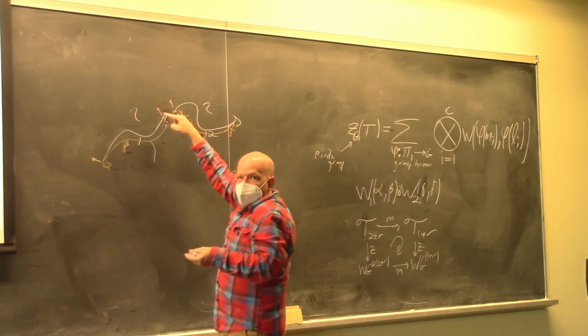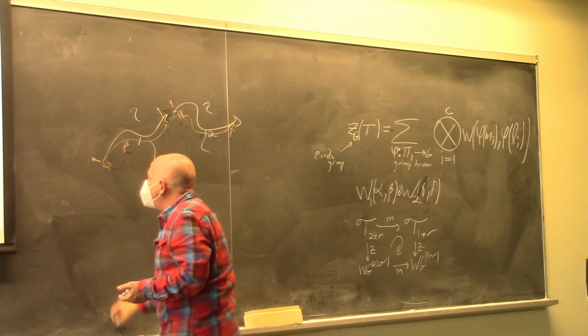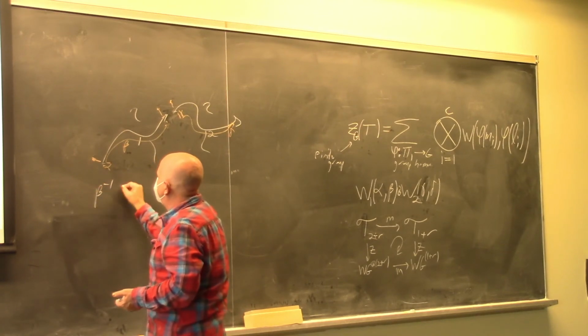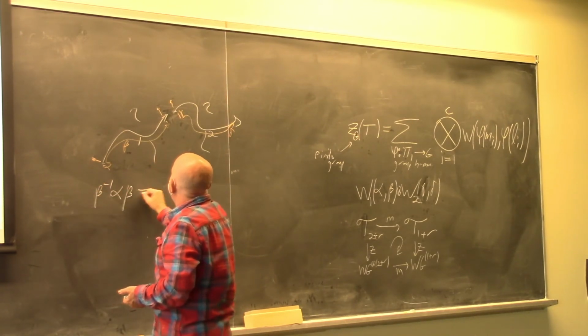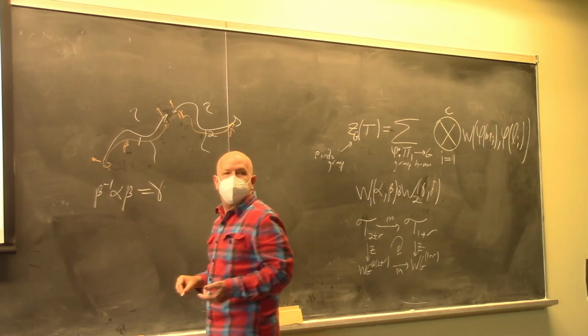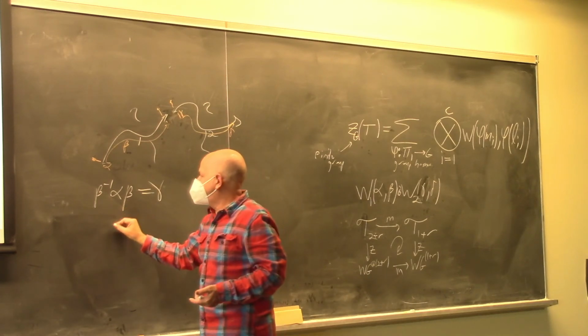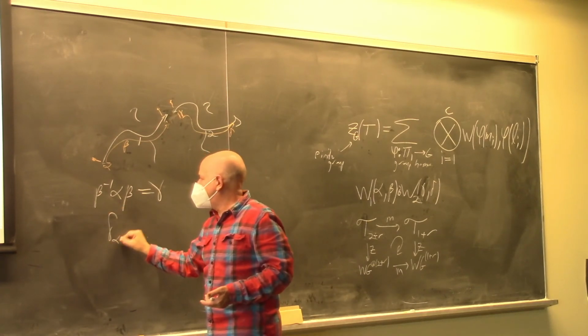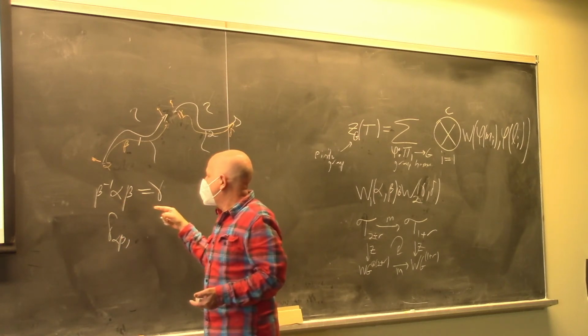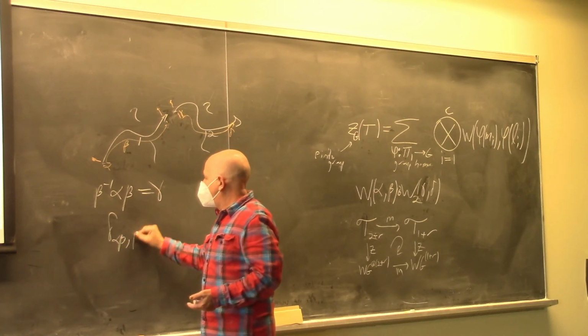So I will get a contribution if beta inverse alpha beta is equal to gamma, but that's the same as saying that I have a factor delta alpha beta with beta gamma.